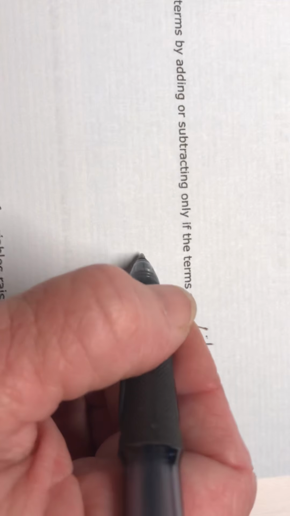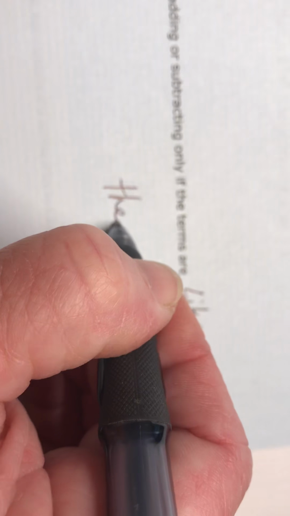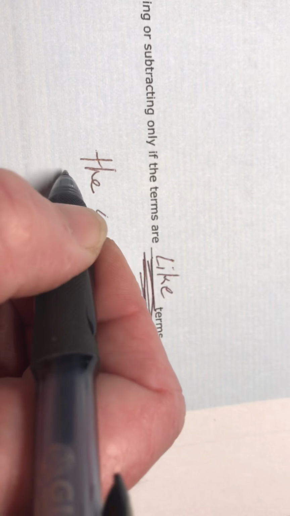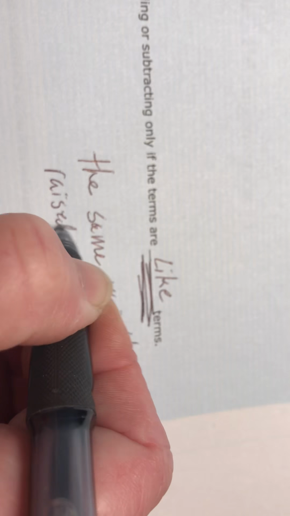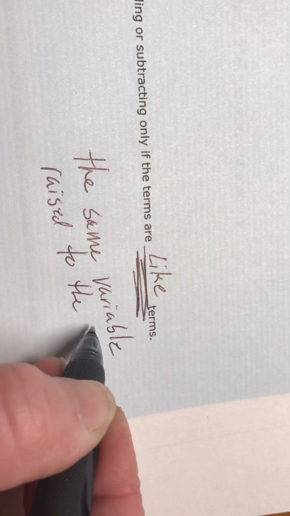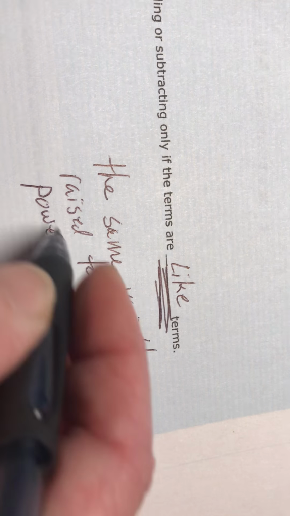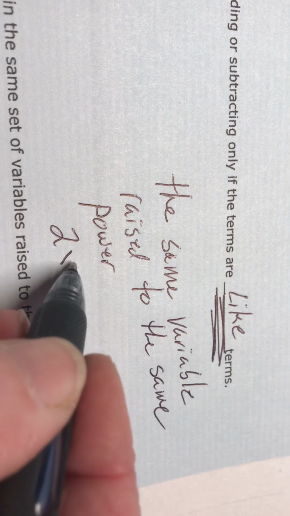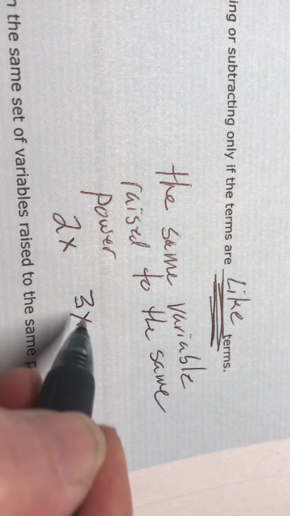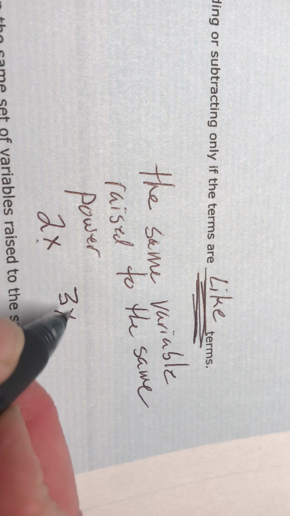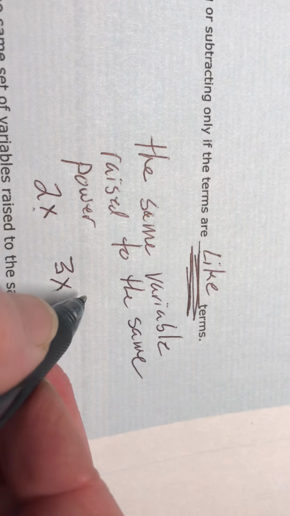Like terms means they have the same variable raised to the same power. So for like terms, 2x and 3x are like terms because they both have x, and that x is just a single old x, raised to the 1 power. So these are like.